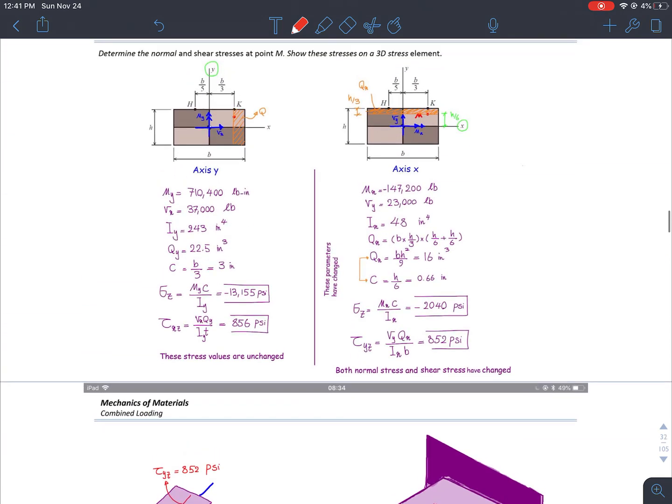All right, so I'm gonna make a little table here. For cross section H, I have axial forces.